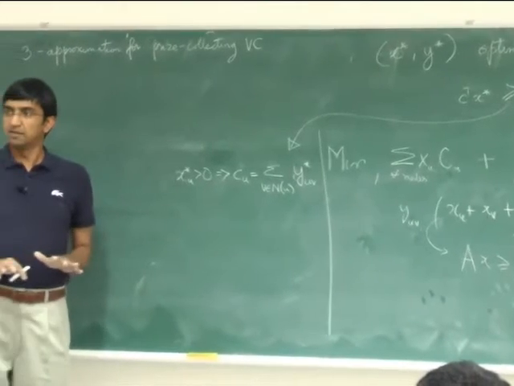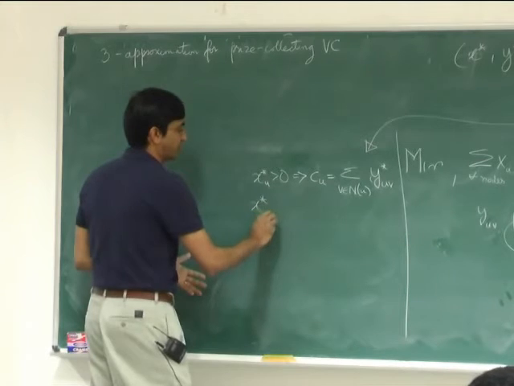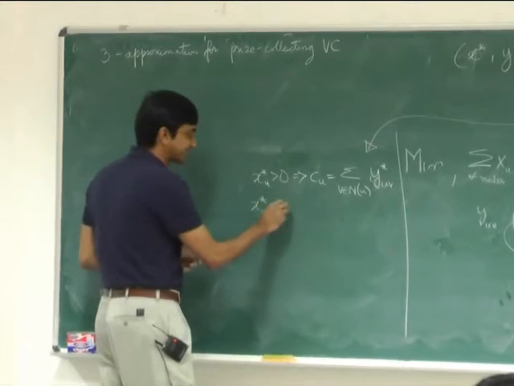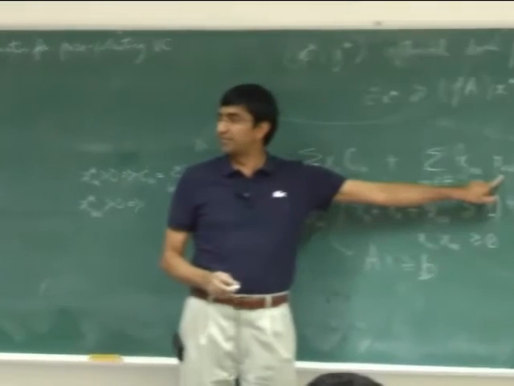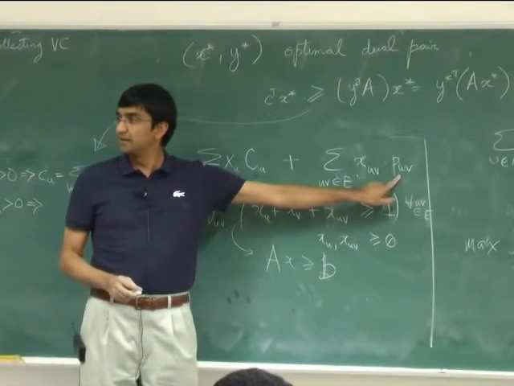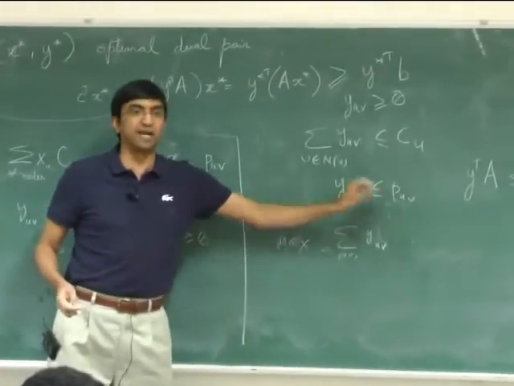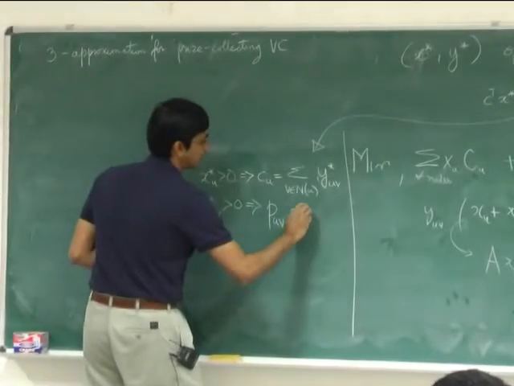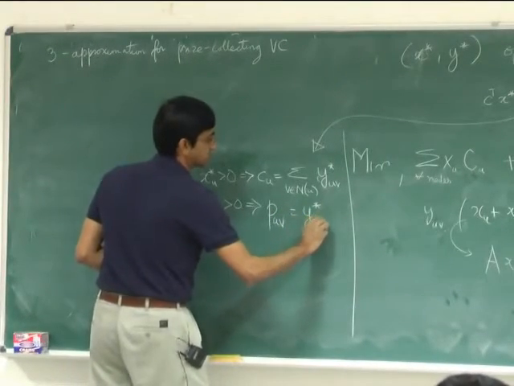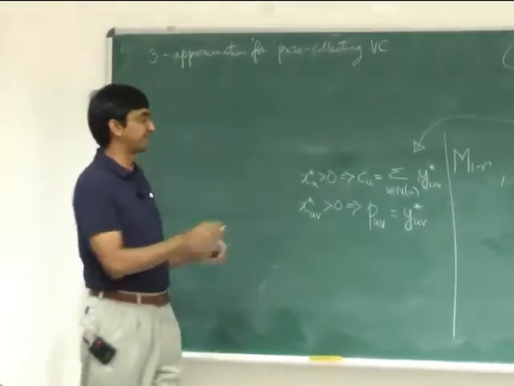We have another type of x which is x star uv. If that is greater than 0, then the corresponding objective coefficient, which is p, should be equal to whatever the left hand side is, which turns out to be just y. So p_uv should be equal to y star uv. Both come from that first one.